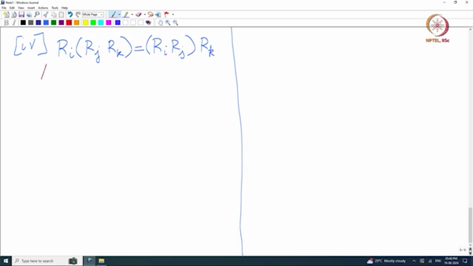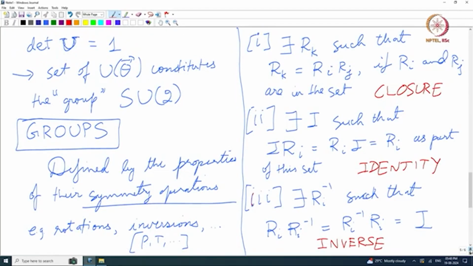What is this property called? Associativity. Correct? Very good. That is all that is required to define a group.